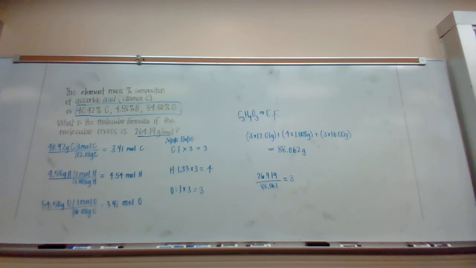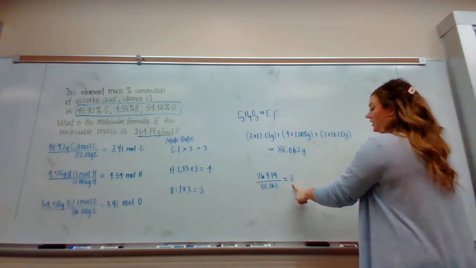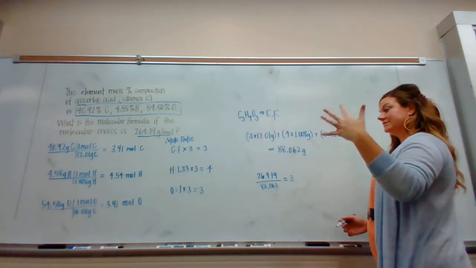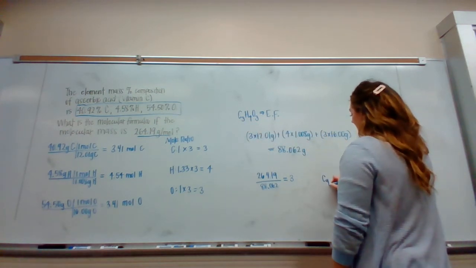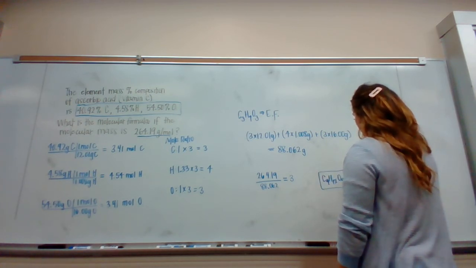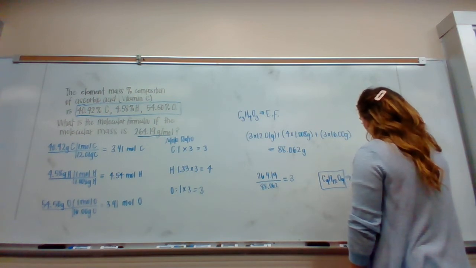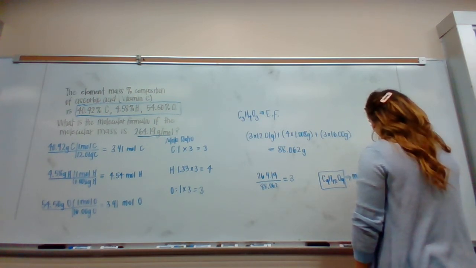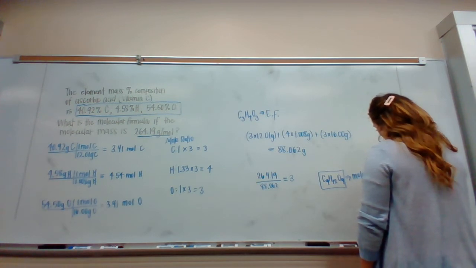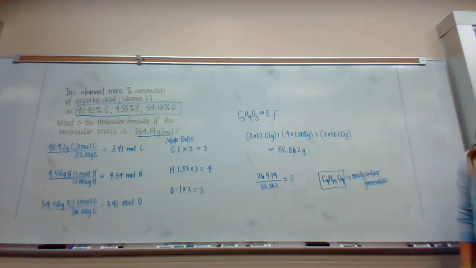So to get your molecular formula, go through, multiply your subscripts by 3. So you get C9H12O9. Got your molecular formula.